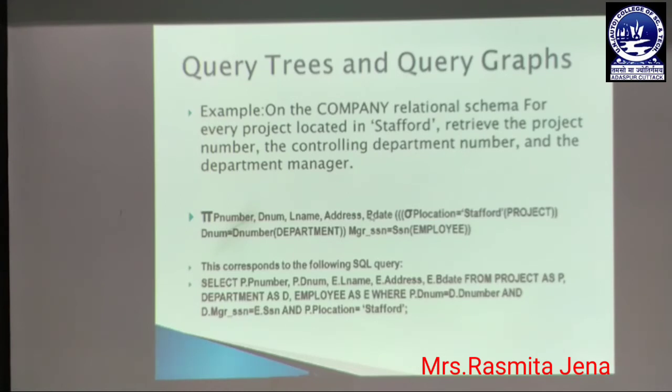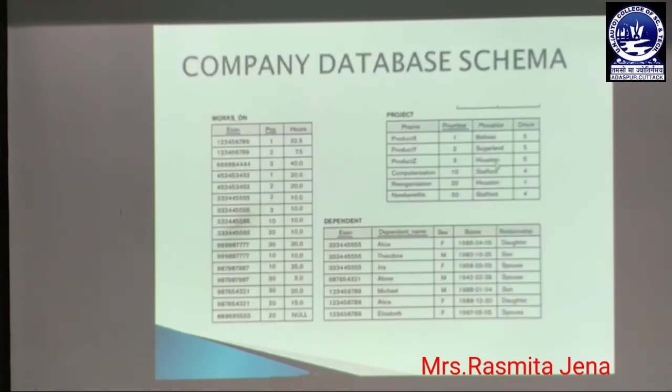Then what condition will we apply for retrieving this information? First we will perform a selection operation, that means P location is Stafford from the project table. From the project table we will first retrieve the tuples whose P location is Stafford. Let's see the table. So this is the table.